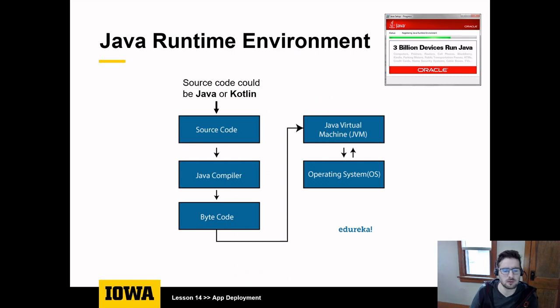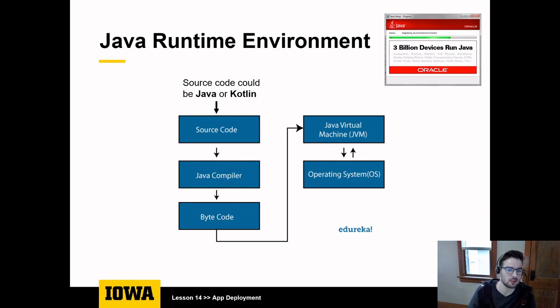But this idea was also implemented for the Java programming language. So to run a program written in Java, you need the Java runtime environment installed on your machine. And the same thing happens. You have your Java source code. It goes to the Java compiler, and it produces what they call Java bytecode.